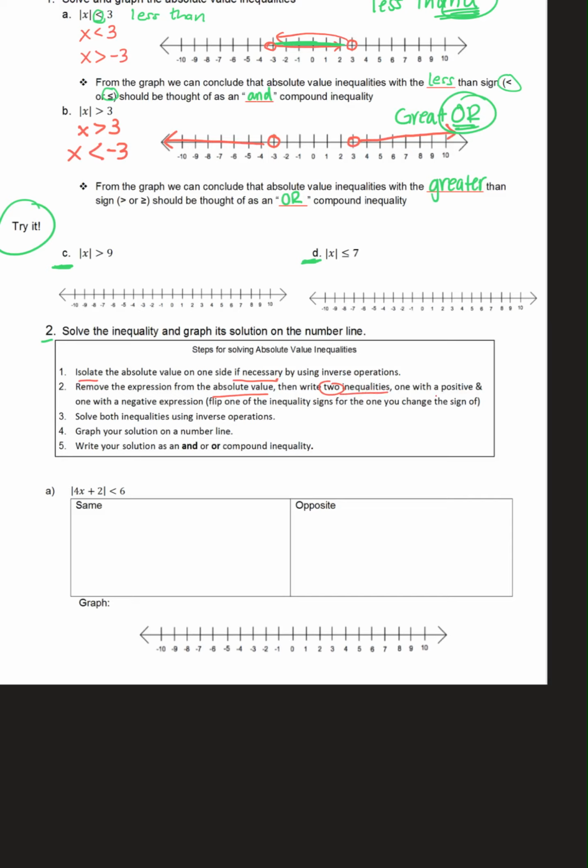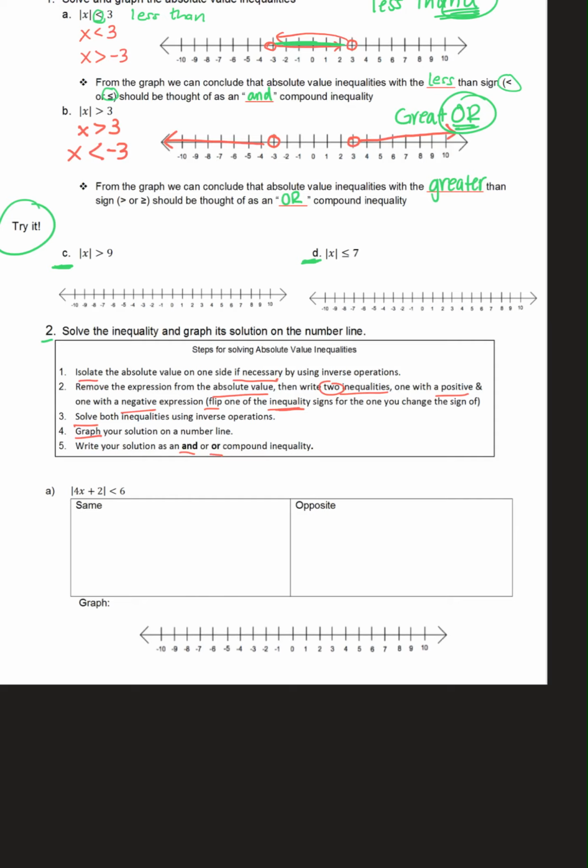One with a positive and one with a negative expression. You will also end up flipping one of the inequality signs for the ones that you change. So if it's positive and you change it to negative, you're going to flip the inequality sign. It'll make more sense soon. Then you're going to solve both inequalities using inverse operations. Then you're going to graph your solution on a number line, and you're going to write your solution as an "and" or an "or" compound inequality.